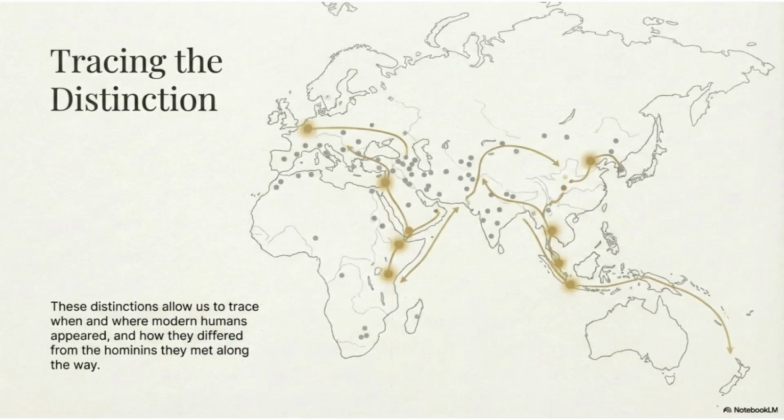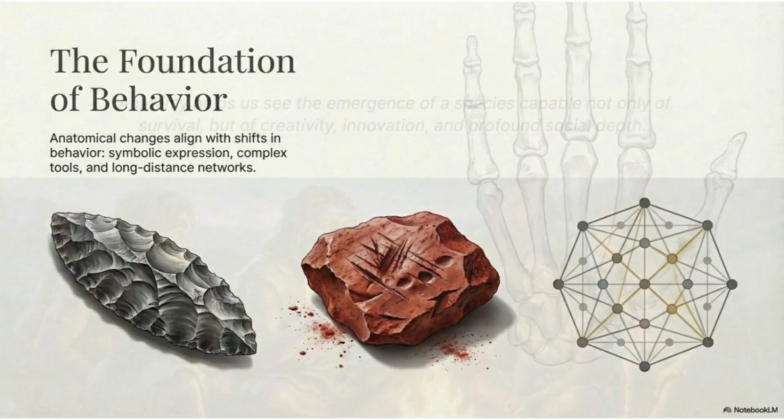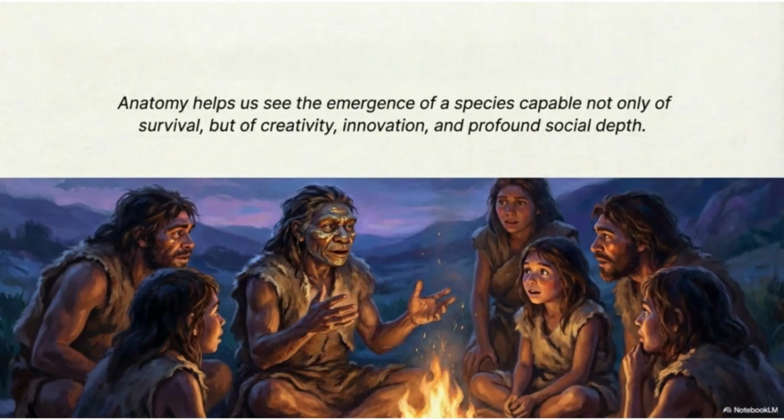They allow us to trace when and where modern humans appeared, and how they differed from the other hominins they met along the way. More importantly, these anatomical changes align with shifts in behavior, symbolic expression, complex tools, long-distance networks that together form the foundation of what we recognize as distinctly human. In other words, anatomy helps us see the emergence of a species capable not only of survival, but of creativity, innovation, and profound social depth.